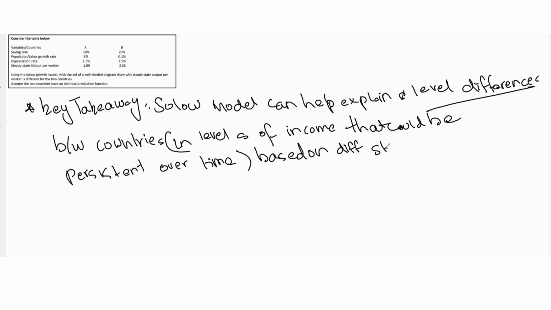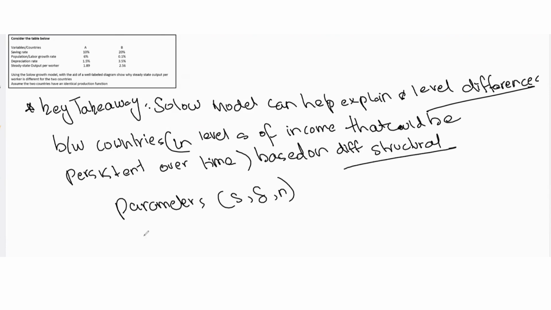And by structural parameters, we mean the savings rate, the depreciation rate, and the population labor growth rate, right? So we're using the Solow model to help explain level differences between countries, in levels of income that could be persistent over time, and this is based on different structural parameters. Given these differences between them, this helps to explain why the steady state level of output per worker is higher in country B than country A.